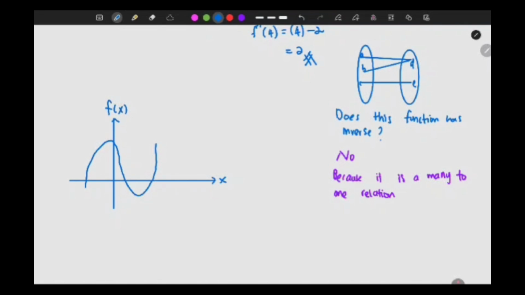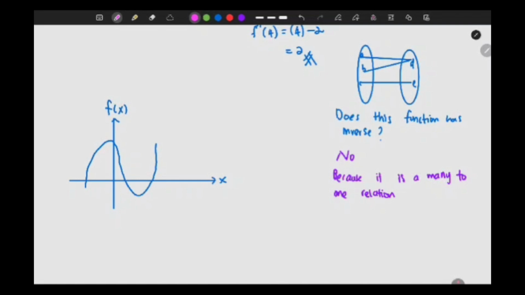To determine whether there is a function in a graph, you will use a vertical line test. You choose any point that you like, maybe this point, and you draw a vertical line.